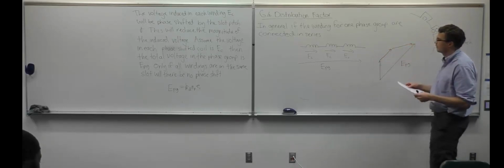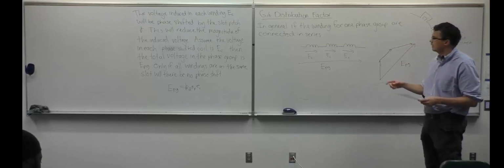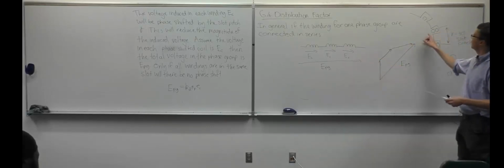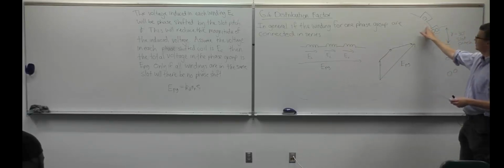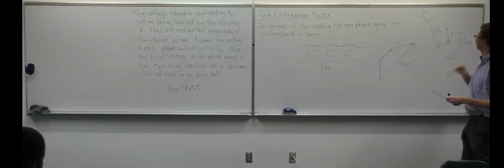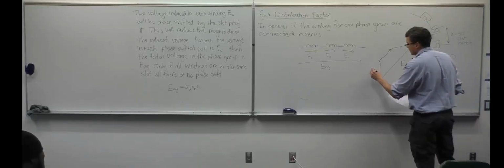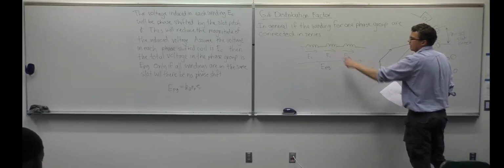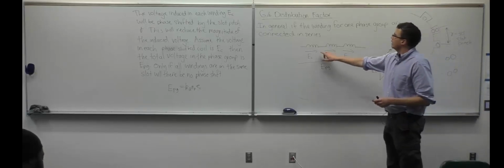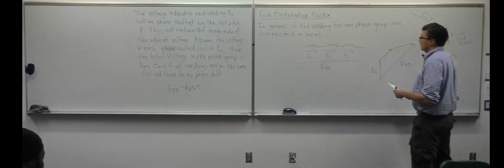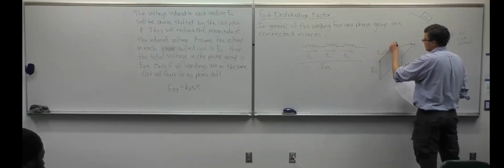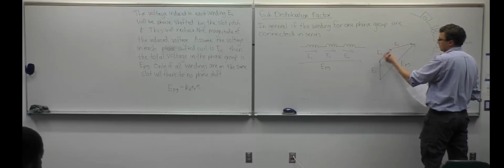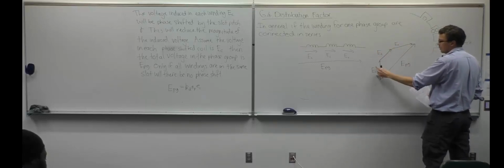I should have given an example with two shifts. This one's only got one shift. If the phase group is shifted by two phase angles, so two slots, then we'd have a summation of the voltage on each coil.